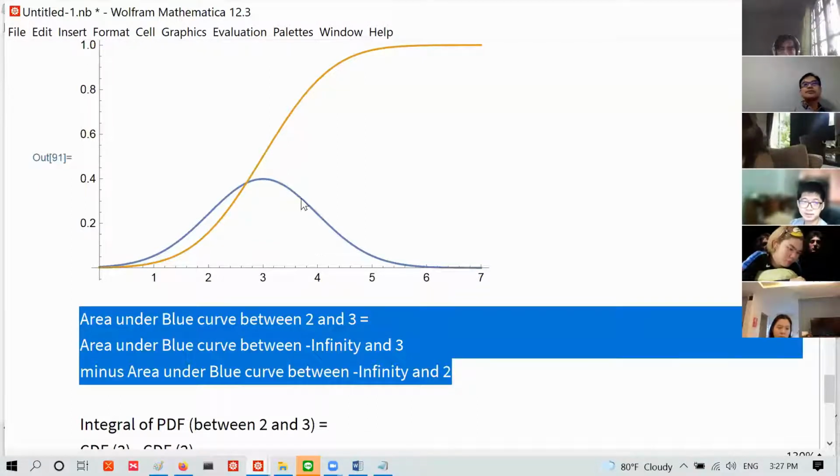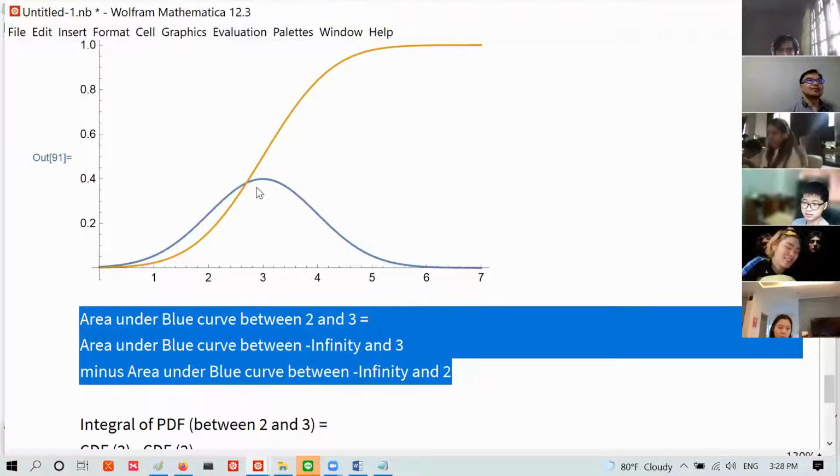So this could be any function. It could be mathematically drawn. It may not be mathematically drawn. It could be hand drawn. The point is that as long as you promise me that the area under the curve goes to 1 at plus infinity, the area between 2 and 3 under this curve is the same thing as the area from minus infinity to 3 minus the area from minus infinity to 2, this height.